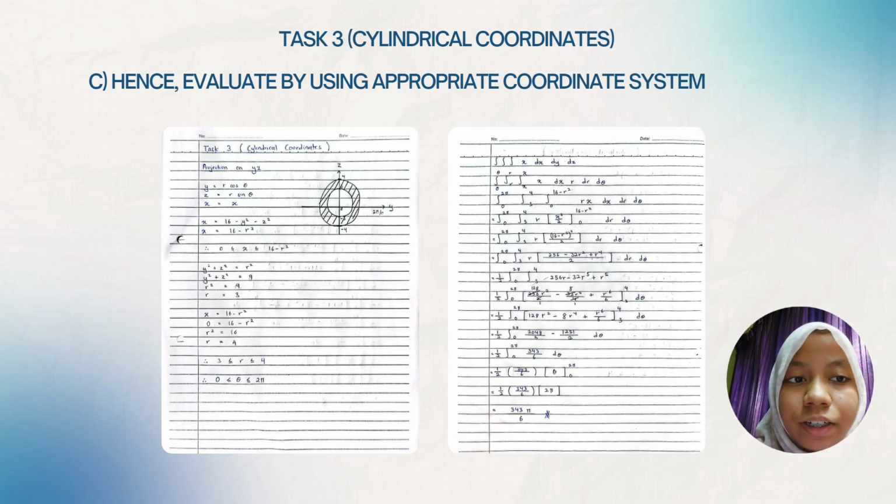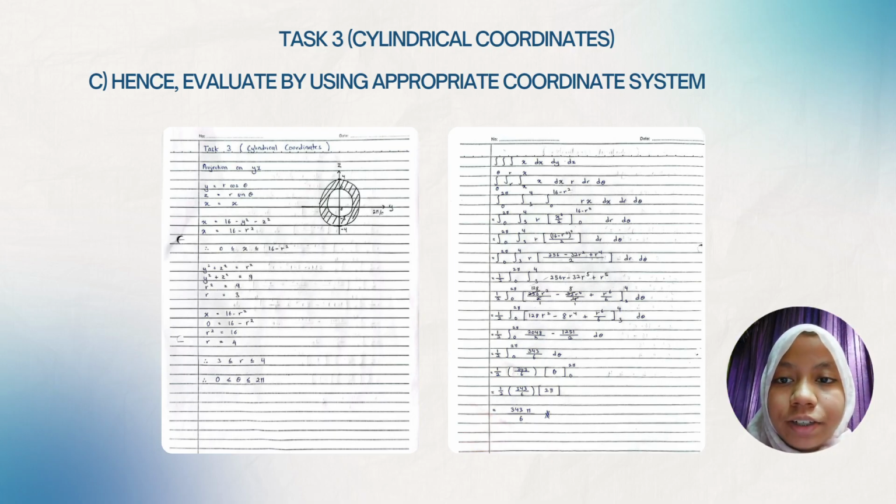After determining the limits, we substitute them into the triple integral and integrate with respect to x first, then r, and finally theta. After simplifying the expression, we obtain the final answer, which is 343π/6.